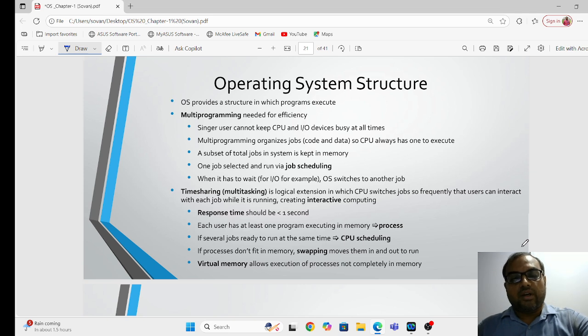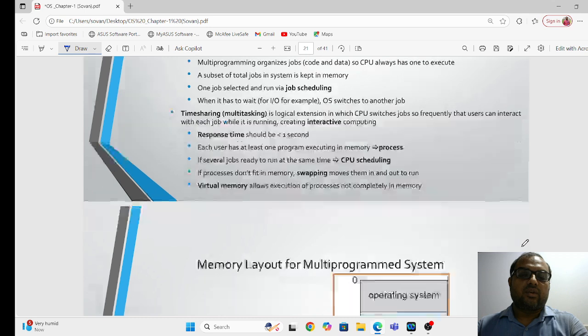That is why the CPU scheduling algorithm is there, so that they can be executed. If a process does not fit in memory, swapping happens, moving processes in or out, so that the process can be saved into memory. And virtual memory allows the execution of a process that is not completely in memory. So these are the operating system structures.